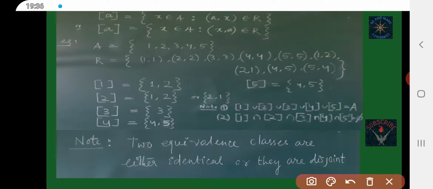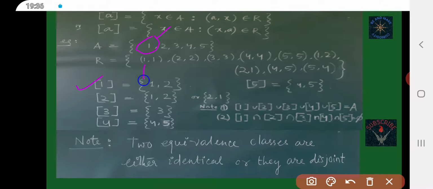Okay, and now we shall find the equivalence class of element 1. So the equivalence class containing 1, that is what you see, the set of all elements related to 1.